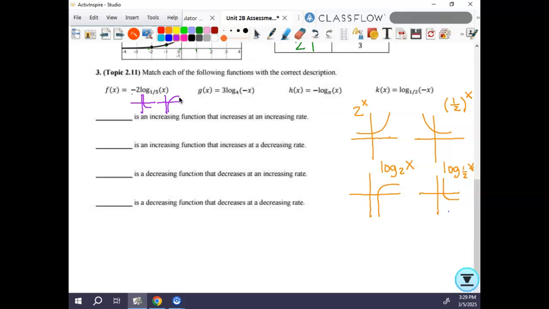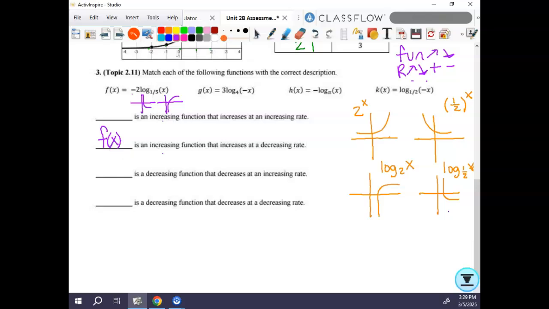So that function is increasing, so it's one of these two, and increasing at a decreasing rate or increasing rate. So for that, I need my fun chart. If my rate's increasing or decreasing, I'm looking at the concavity. This is concave down, which means my rate is decreasing. So this is f of x.